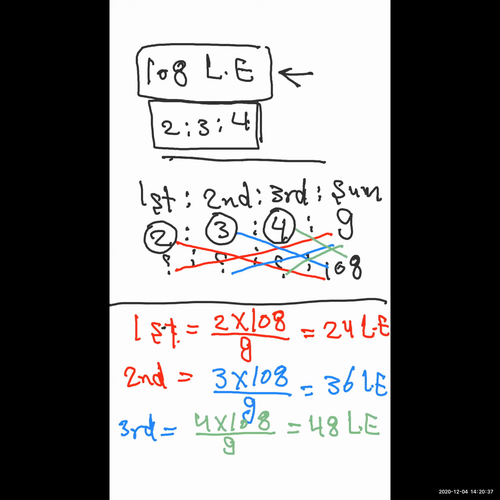So the first will equal 2 times 108 divided by 9. The second will equal 3 times 108 divided by 9. And the third will equal 4 times 108 divided by 9. Actually, this one is very easy. So let's solve one more example so that we can understand this point well.